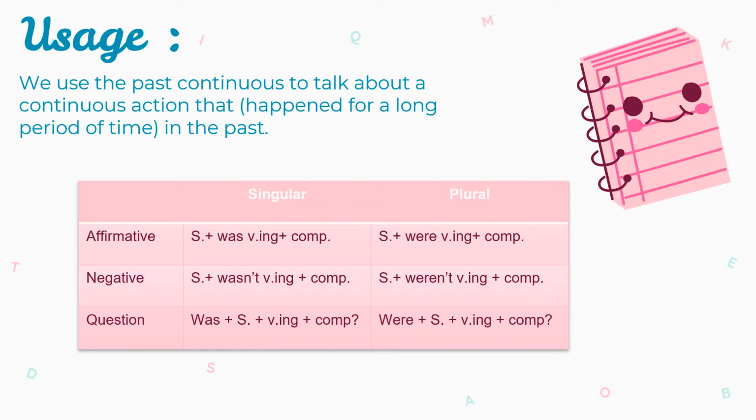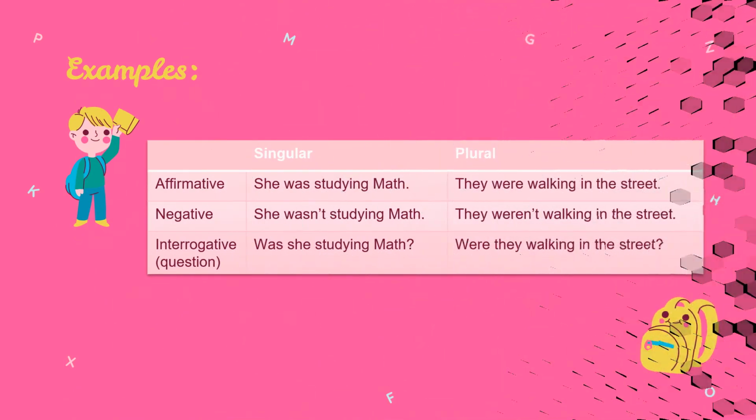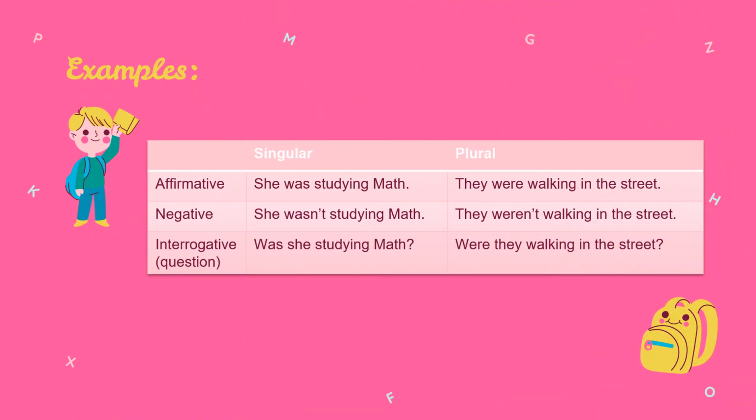To make it more clear, let's take a look at these examples. Here we have an example for a singular subject, and an example for a plural subject. Pay attention. I'm going to start with the singular. She was studying math.